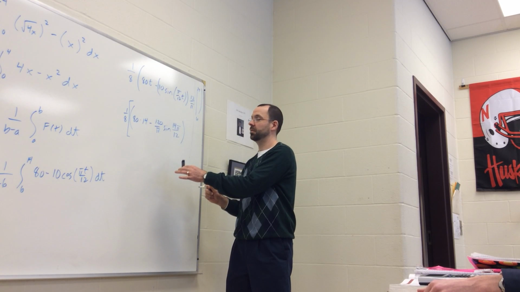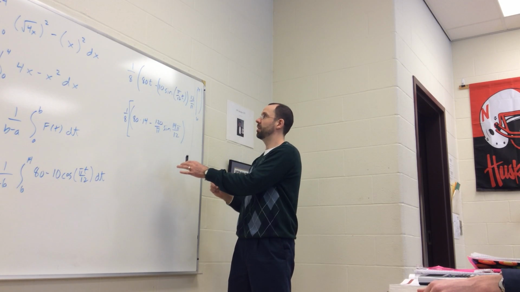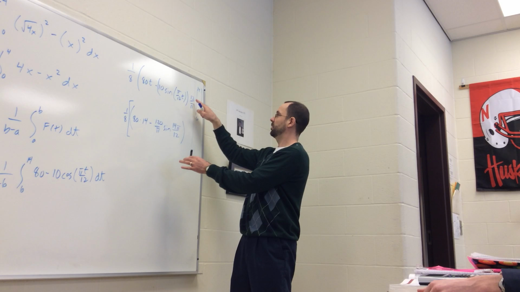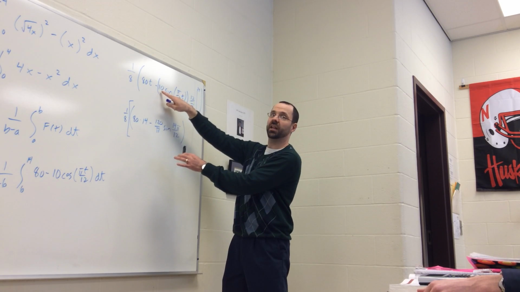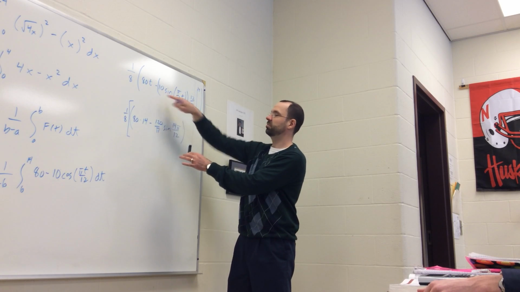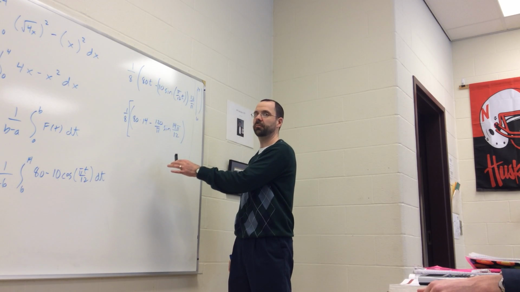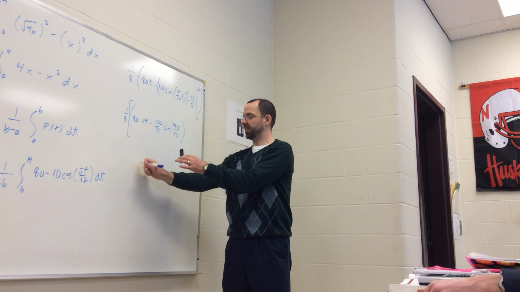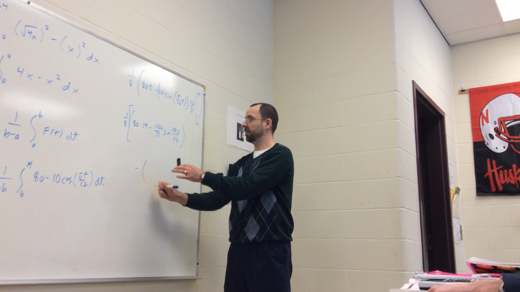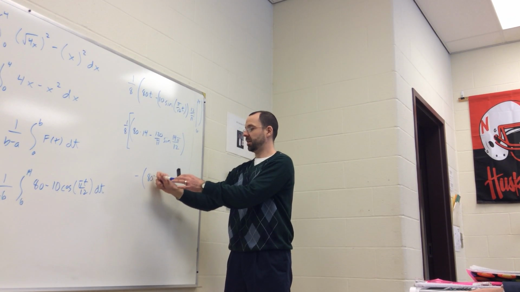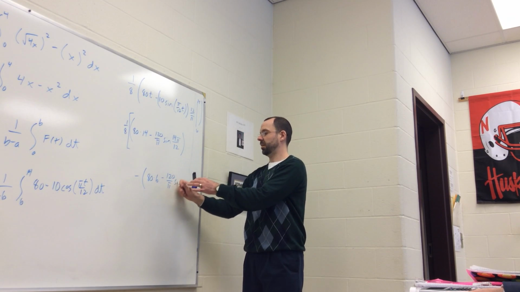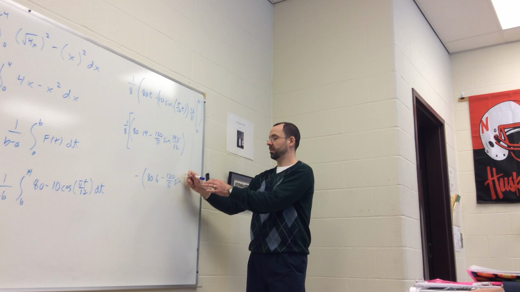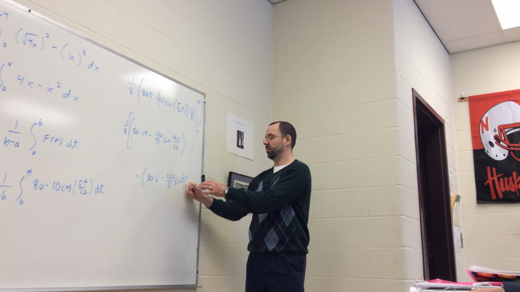You good? Where are the 120 over pi? 12 times 10. I went ahead and took that 12 over pi times 10. You're good now then? Okay, so then that has to be minused by 80 times 6 minus 120 over pi times the sine of 6 pi over 12.